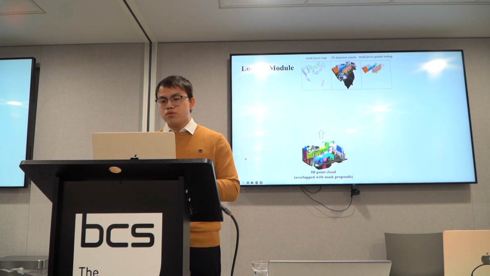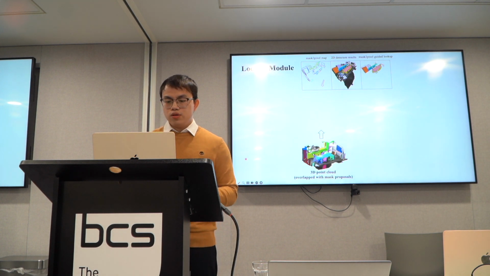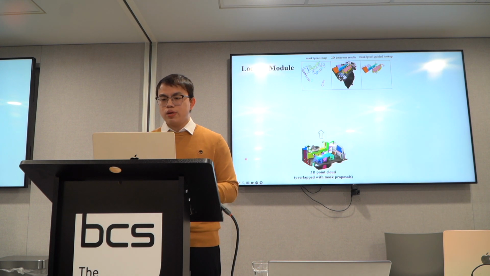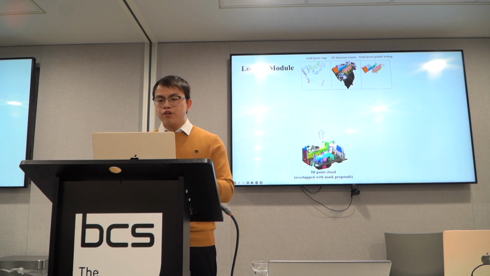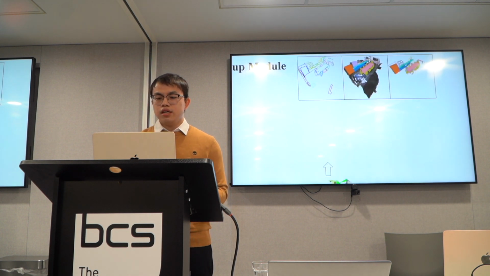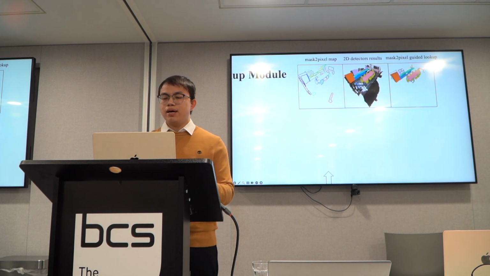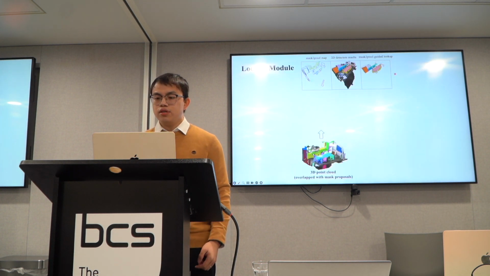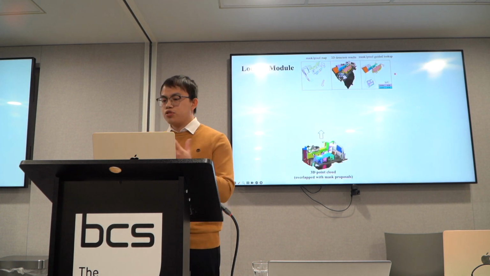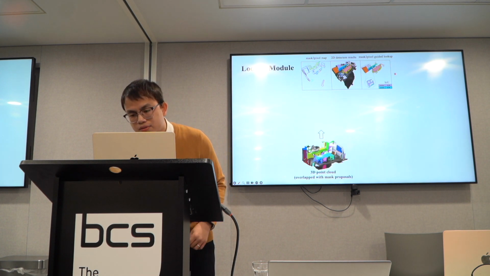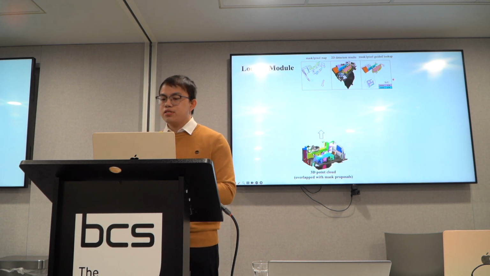So for the lookup module, we have our 2D detection results and we have the mask-to-pixel maps. The way we do lookup is for every mask, you look at the overlap between your 2D detection result and the mask. Let's see for this one, the window here, you have a 78% saying that's a window, and you probably have 6.7% saying that was a counter.